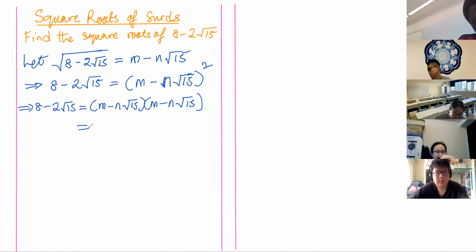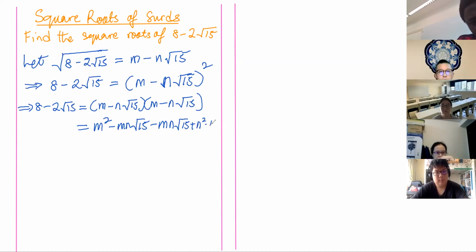So this means this is m squared, minus mn root 15, another mn root 15, then plus n squared times 15. So this becomes m squared plus 15n squared minus 2mn root 15.